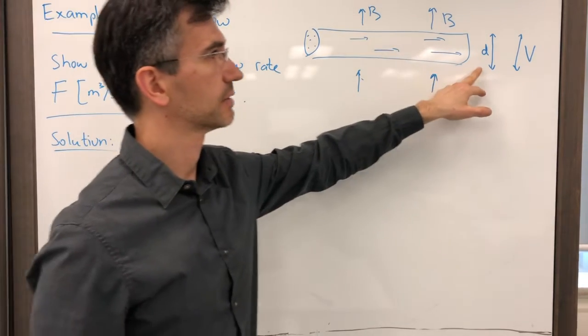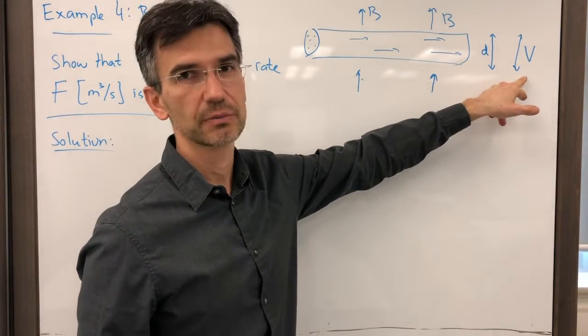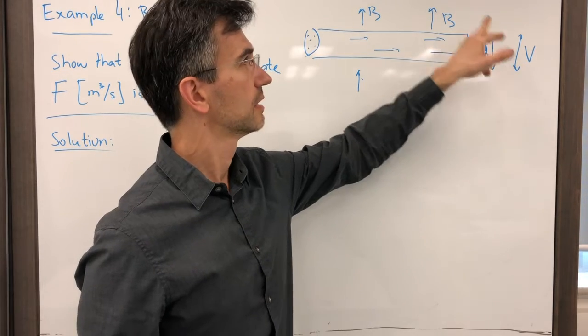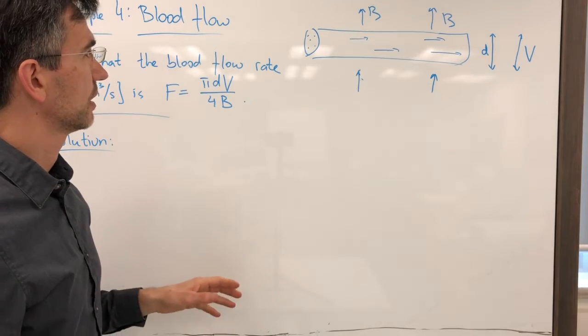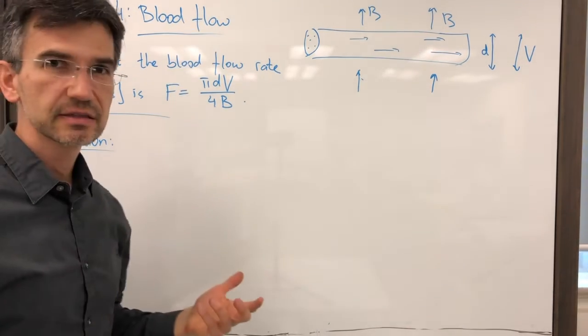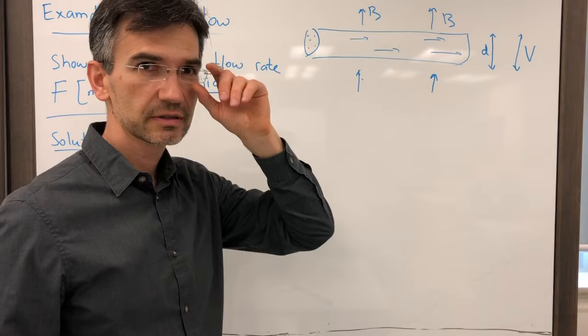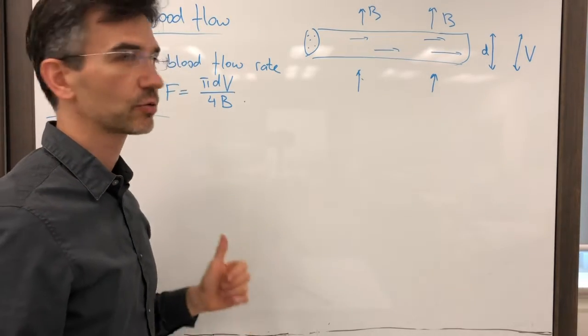We're given the diameter of the blood vessel, the strength of the motional EMF V that has developed, and the strength of the magnetic field. And so using a particular device and knowing these numbers, we can measure what the blood flow rate is.